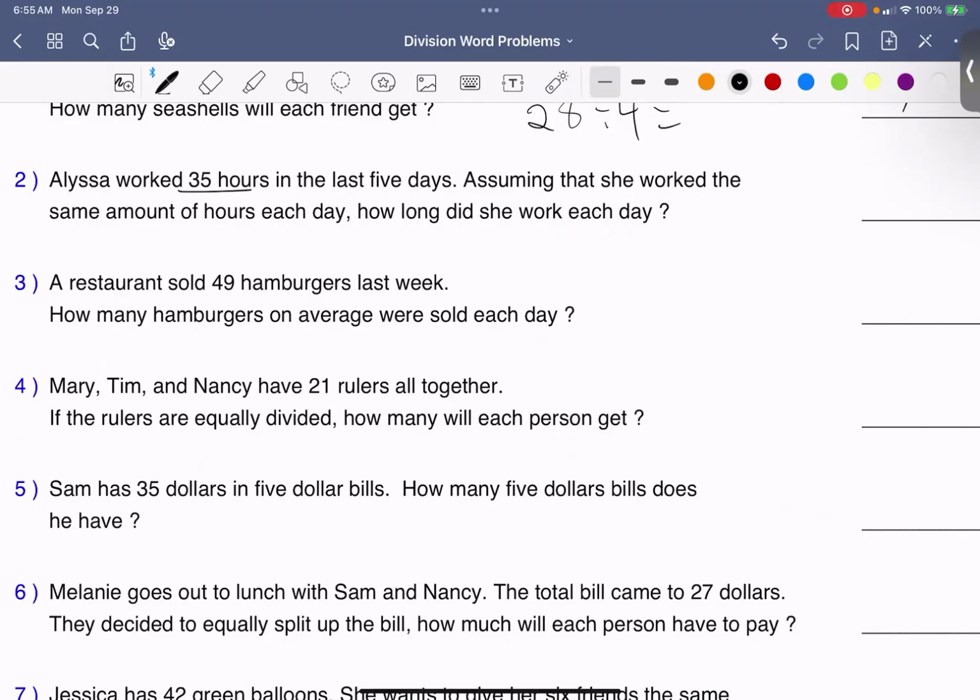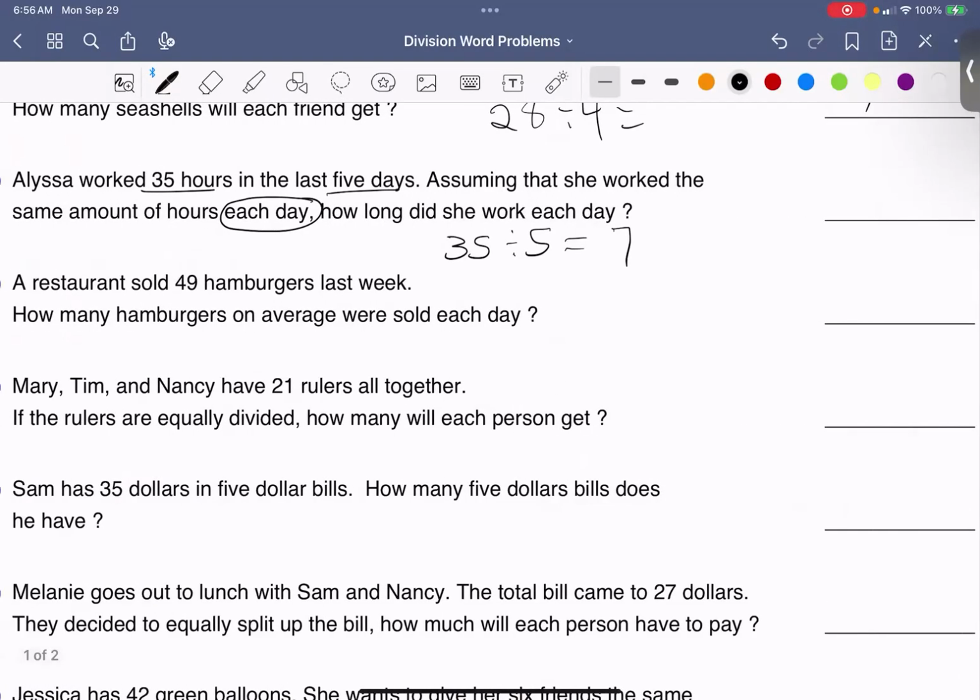I'm seeing each day. So each day means something is being cut up. So how many of those cut ups are we going to use though? 5. So it's going to be 35 divided by 5. So 35 divided by 5 is equal to 7. So that's 7 hours each day.